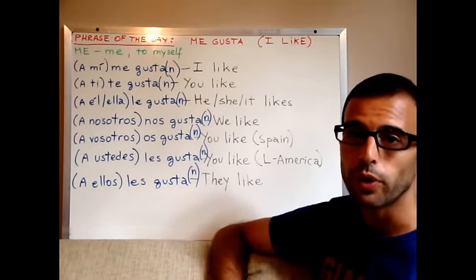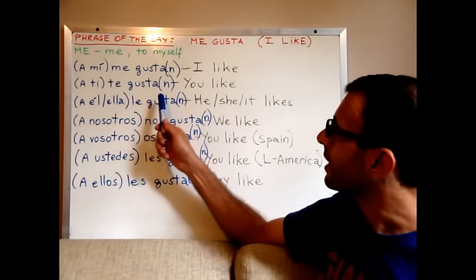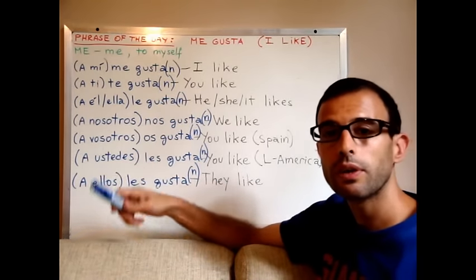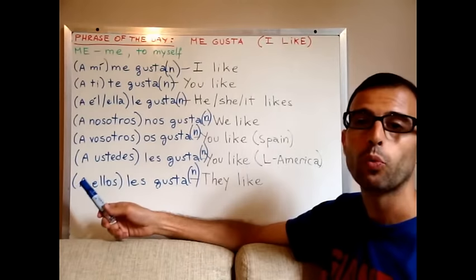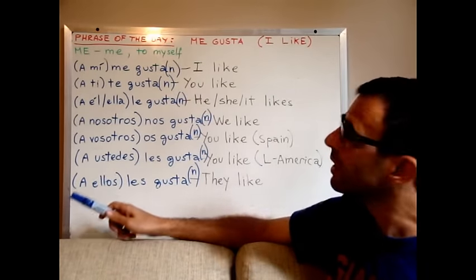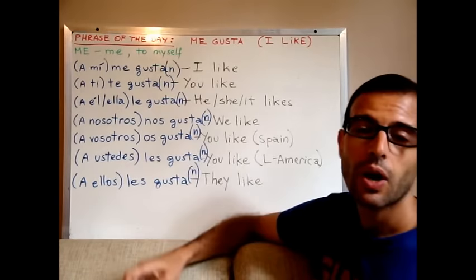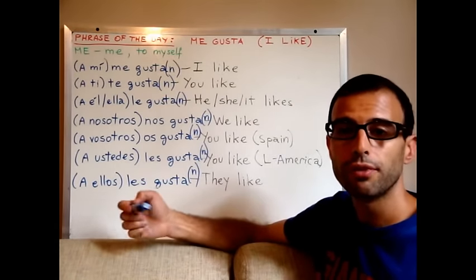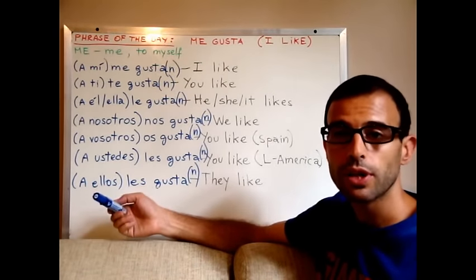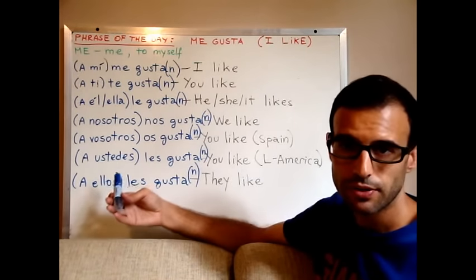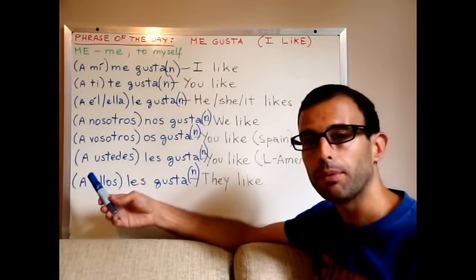Always remember as well that Spanish verbs also turn singular or plural, and when the verb is plural, it adds an N, right? That means when the verb is referring to a noun or an object that is plural, okay? The example I just gave you is I like apples, okay?